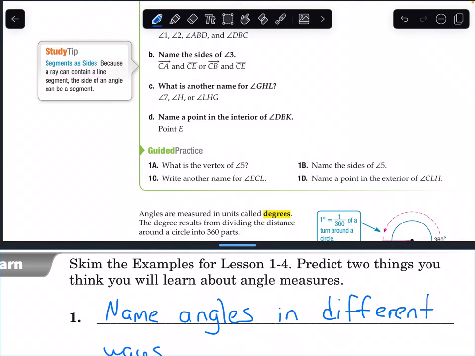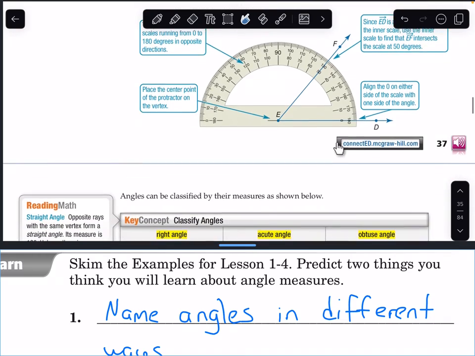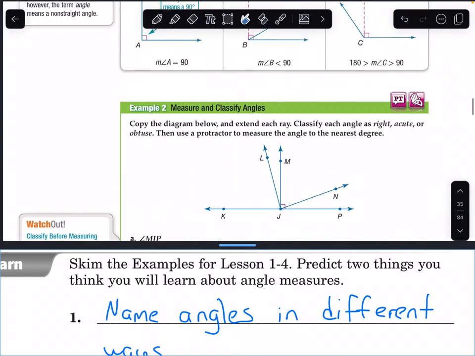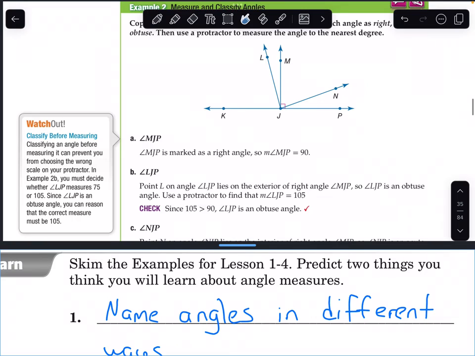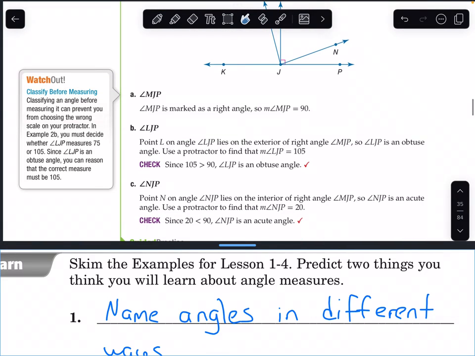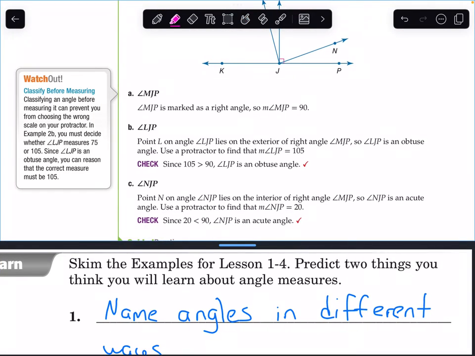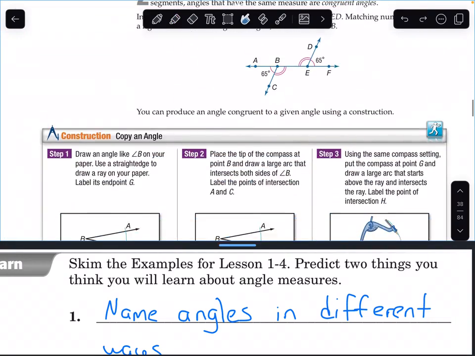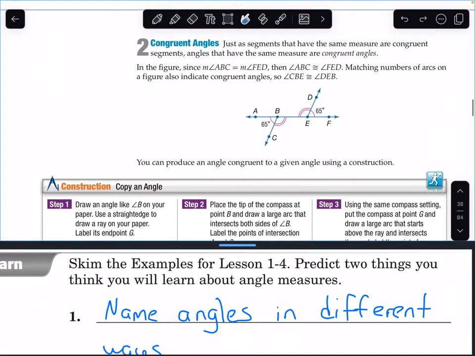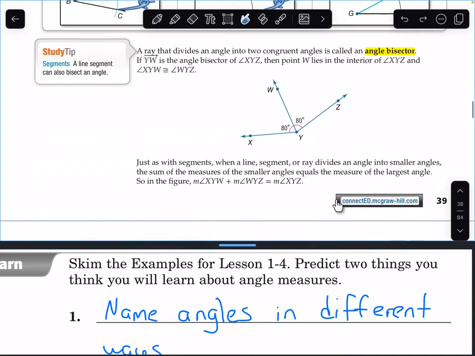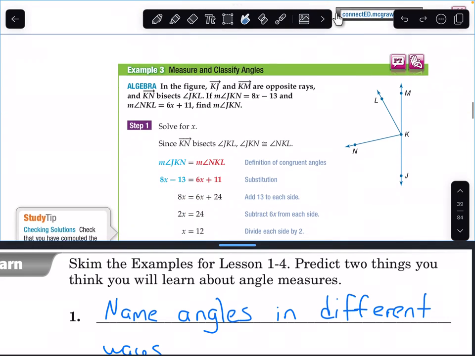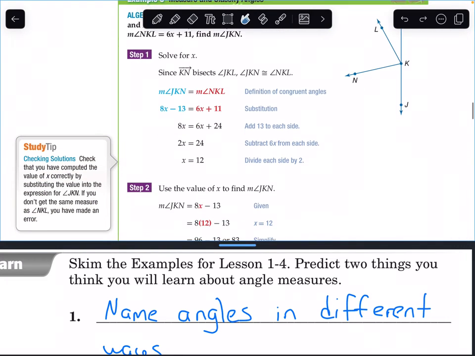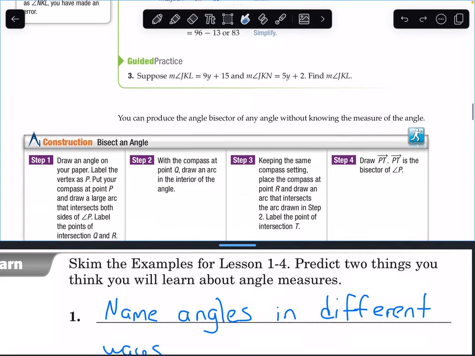Let's see what else we can find. Oh, there's a protractor, classify angles, measure and classify angles. Marked, I'm seeing use a protractor, measure, get 105, okay. So we will use tools and literally measure some things. And then you've got a construction copying an angle. Measure and classify, there it is again, measuring and classifying angles.